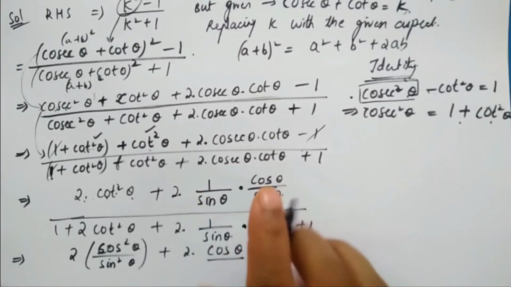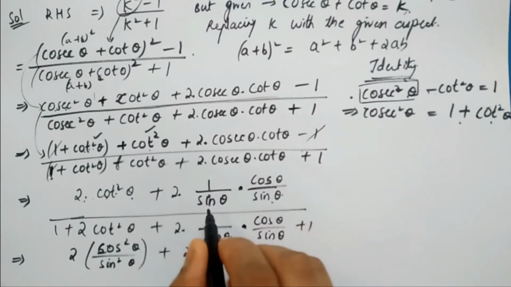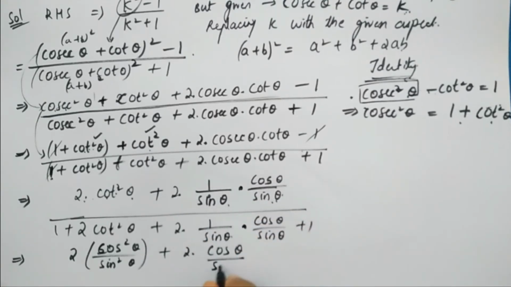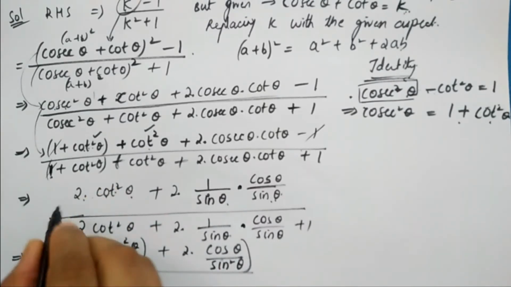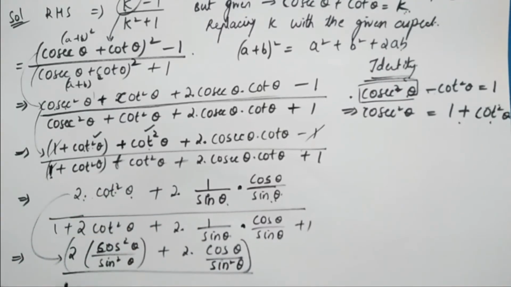It is not plus here; it is sine theta into sine theta, it is sine square theta. If it would have been a plus, you would take 2 sine theta.